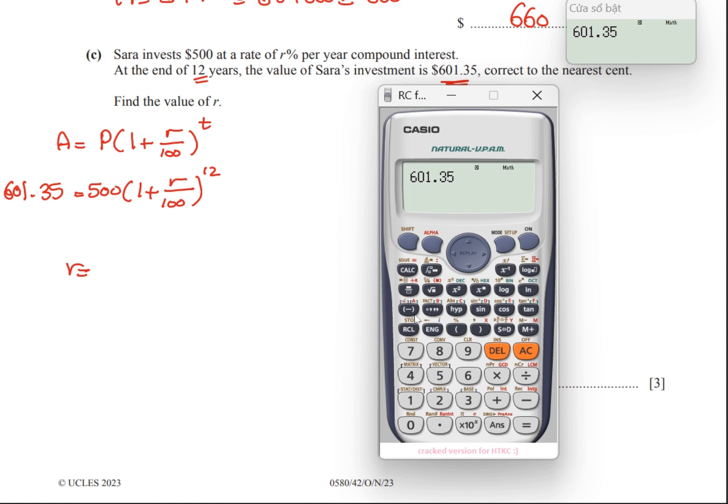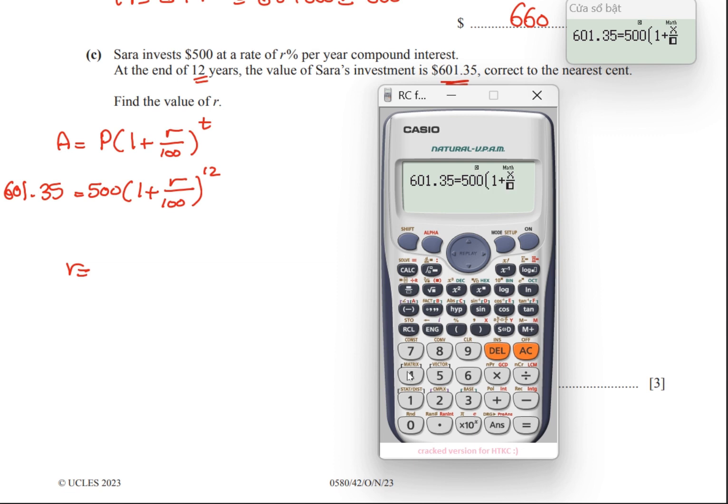Okay, equal, I have to write equal, not pressing equal, alpha and this, so equal 500. So I am just copying the equation as it is, bracket 1 plus, instead of the unknown, whatever it was, R, Y, B, A, whatever, I put X, which is alpha, and this button.